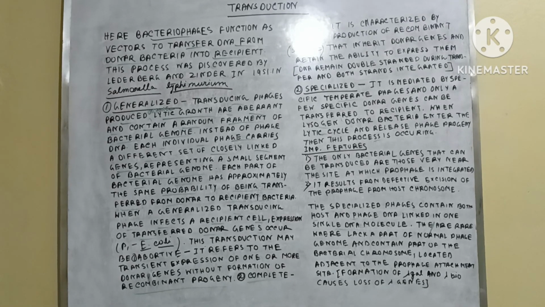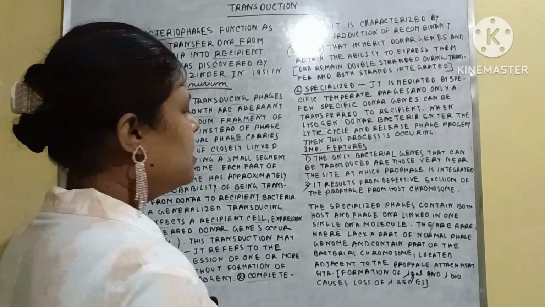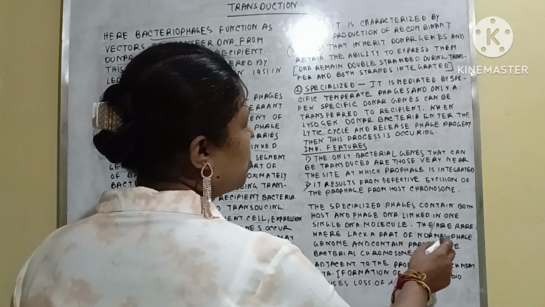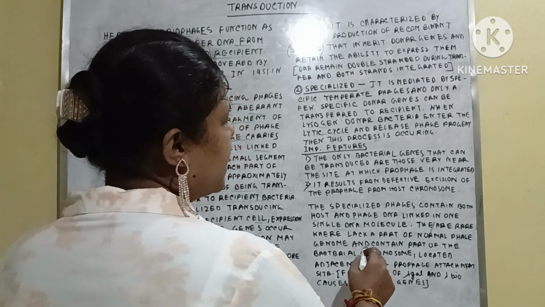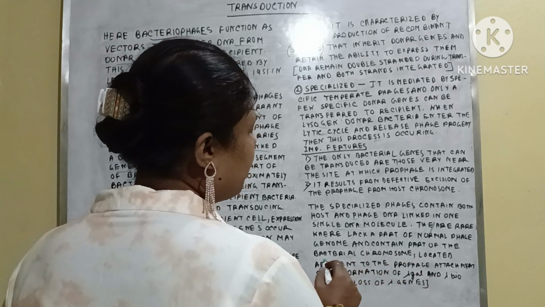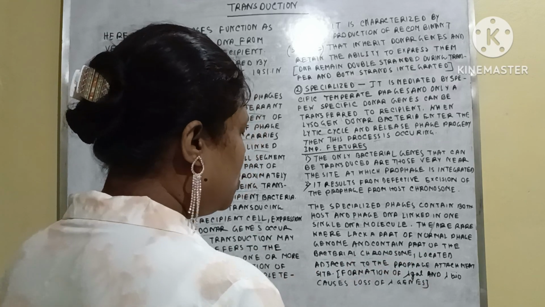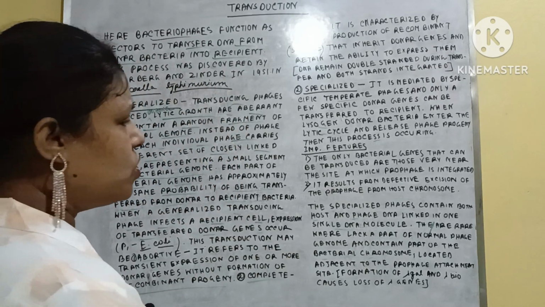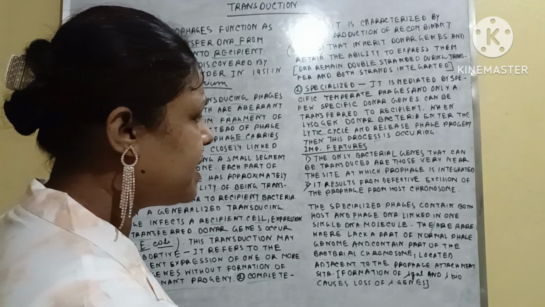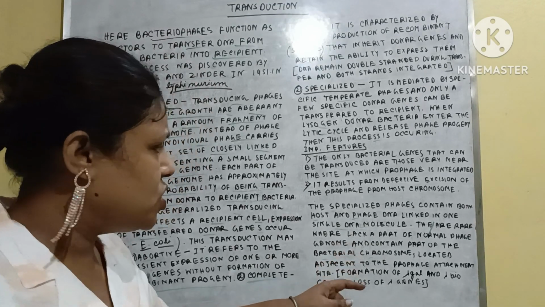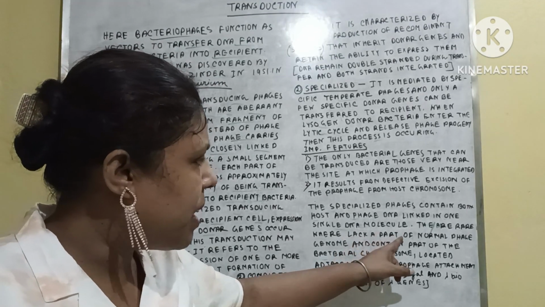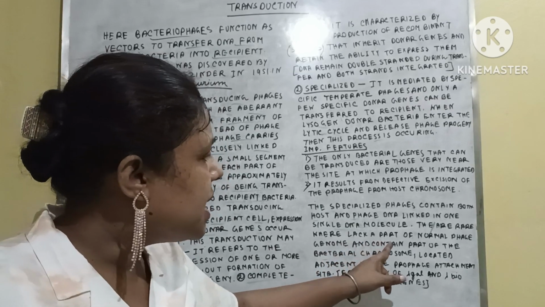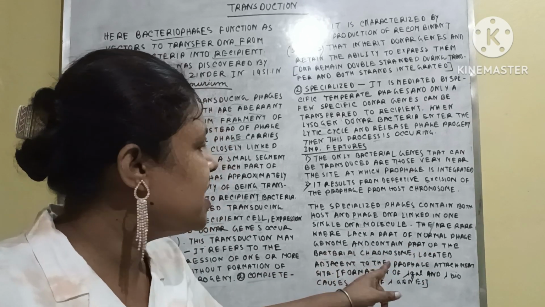So these are very rare cases where the phage lacks a part of the normal phage genome and contains part of the bacterial chromosome located adjacent to the prophage attachment site. So what this says is that in this rare situation, the phage lacks a part of the normal phage genome and contains part of the bacterial chromosome.